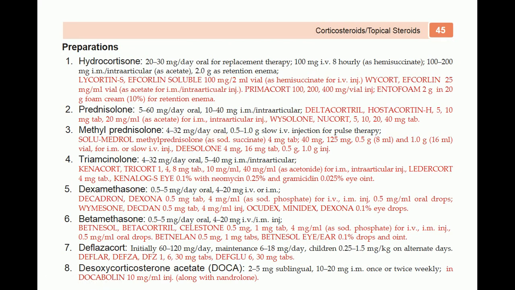Many more drugs are available, like Solones or Newcort 5, 10, 20, 40 milligram tablets.